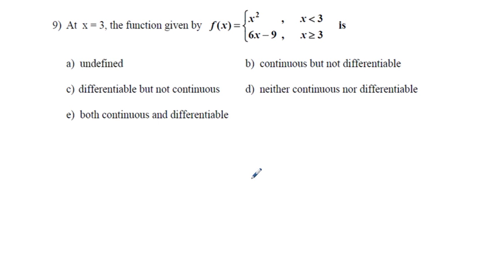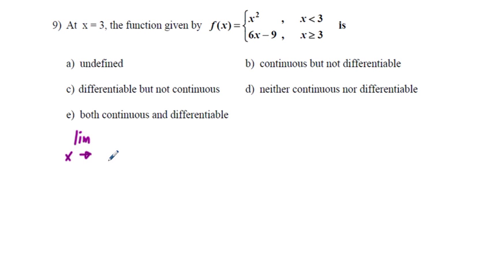Next problem. At x equals 3, the function given by f of x equals x cubed when x is less than 3 and 6x minus 9 when x is greater than or equal to 3 is, well, we have this manner of choices. So to test, and on your test, I was just looking for the mathematics, but I'm going to write it out here.